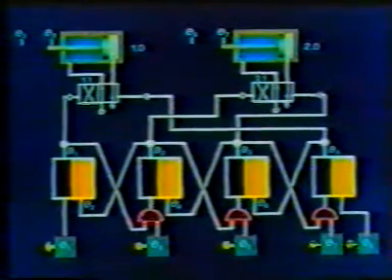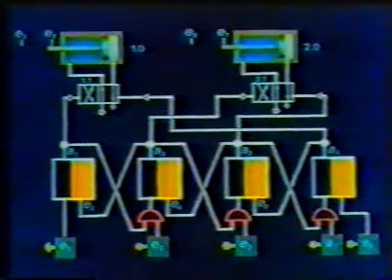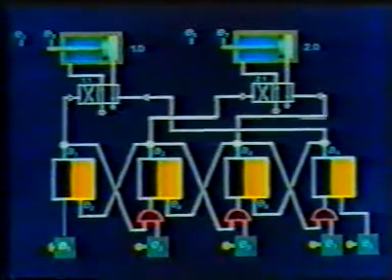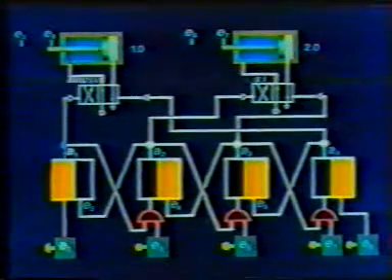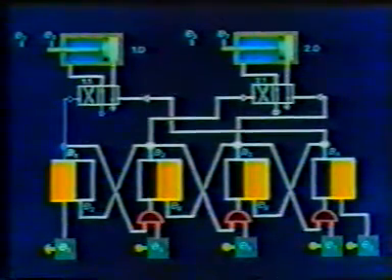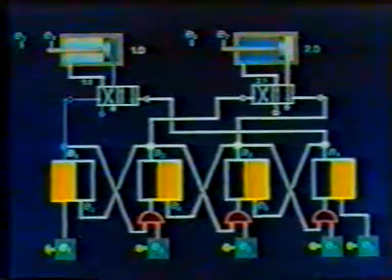If the first signal transmitter, E1, is operated, we obtain the output A1 of the memory. This operates the control valve 1.1, and the cylinder 1.0 travels out.